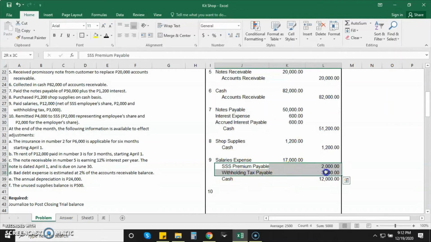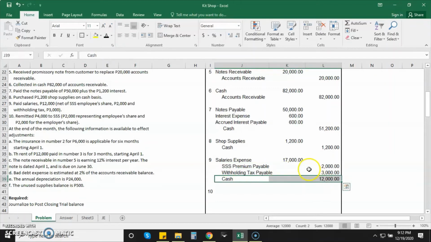Bakit payable? Okay, bakit payable? Kasi hindi naman kukunin ni employer yung SSS sa tax na binawas. I-remit nila yan kay SSS, i-remit naman ito kay BIR. So, ibig sabihin, babayaran ni Kitshop to SSS at BIR in the future. Kaya siya payable. And then, the cash, which is 12,000.